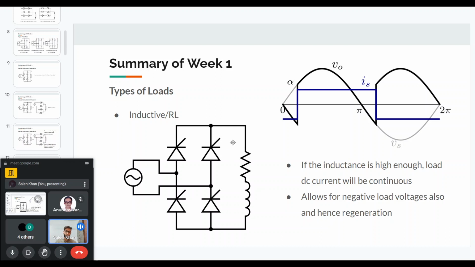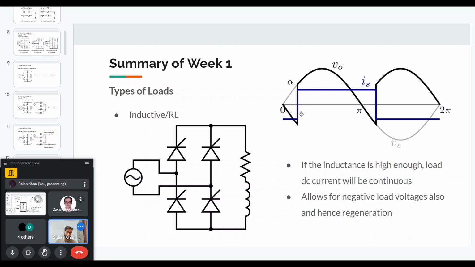So for a resistive load, we cannot have negative voltages because that would imply negative current. But for an inductive load and an RL load, the inductor will allow positive current even if we have a negative voltage across the load. So that is why, due to the presence of the inductor, we can have negative voltages at the output.